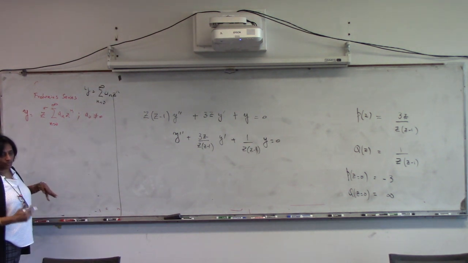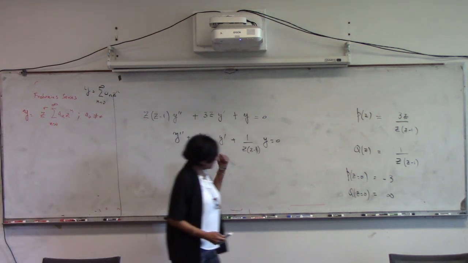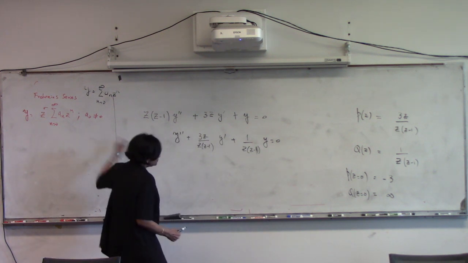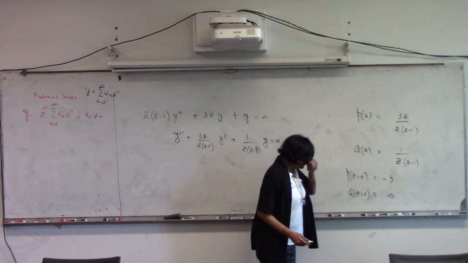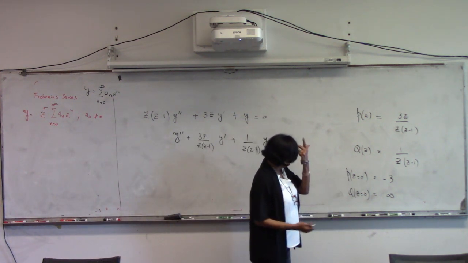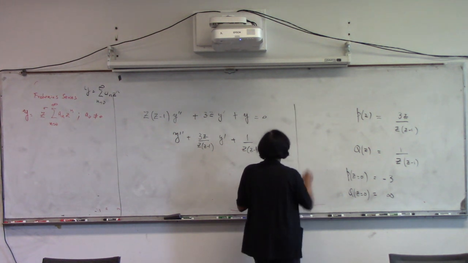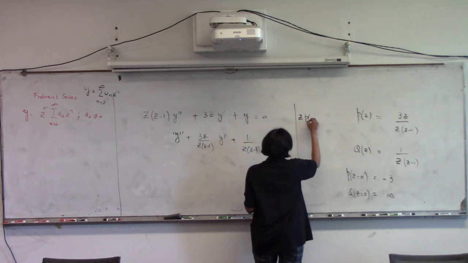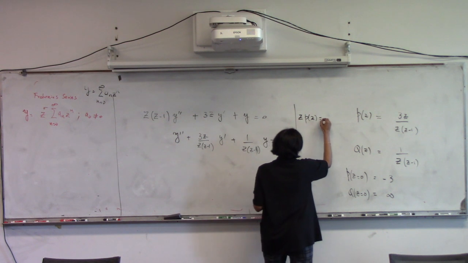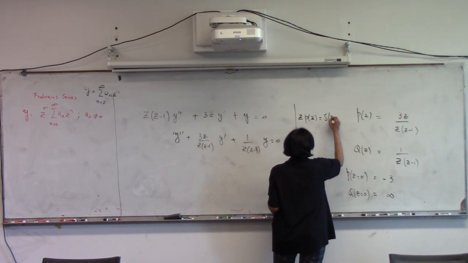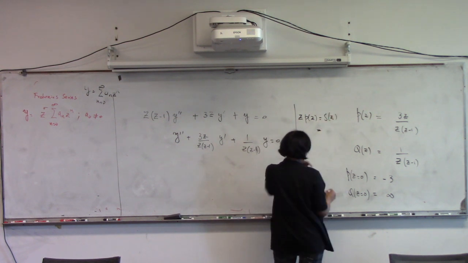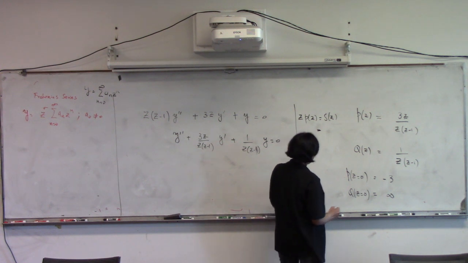So that is my first point, and so I know I have to use a Frobenius series in this case because of Q of Z. Then we also have to check the Fuchs condition, right? Z times P of Z, which we call S of Z, what is happening to that at Z equal to 0?